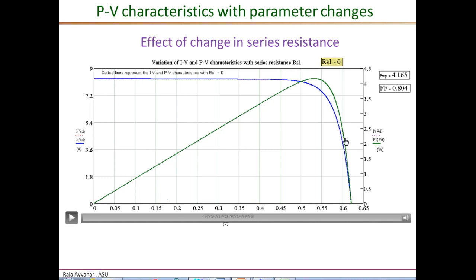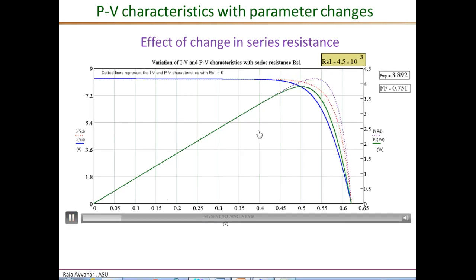Now when I run the animation, notice how the power voltage curve changes as I increase the series resistance from 0 to roughly about 40 milliohms, which is about 10 times the nominal value of a typical commercial PV cell.